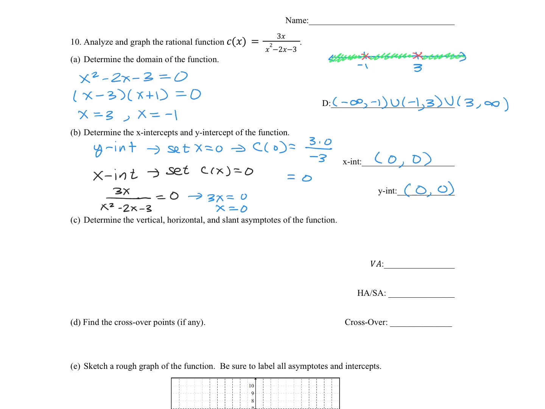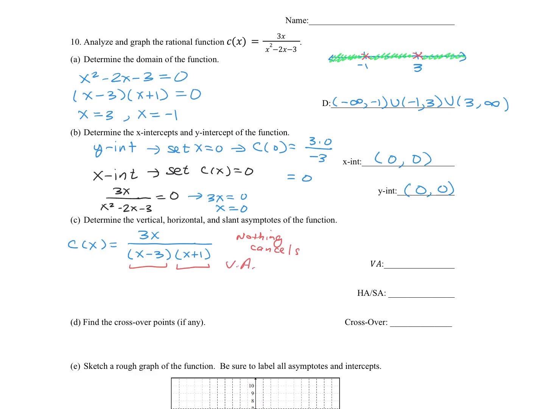Let's first return to our function and write it in factored form. It's 3x over, and we factored already, x minus 3 and x plus 1. You will notice nothing cancels. And because nothing cancels, both of these are going to give us the location of a vertical asymptote.